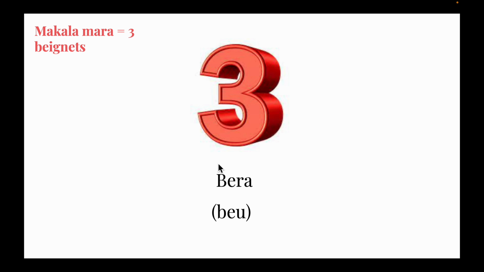So the BE gets changed to MA because it's almost the plural form of the word. Mara is the plural form of bera, for makala. It only changes to ma because of the ma from makala. Okay, I don't want to make it too confusing for you guys. Again, this is just so you understand the change that happened right here, because your father, or I may say to you one day, Lona me rikala yara soho.